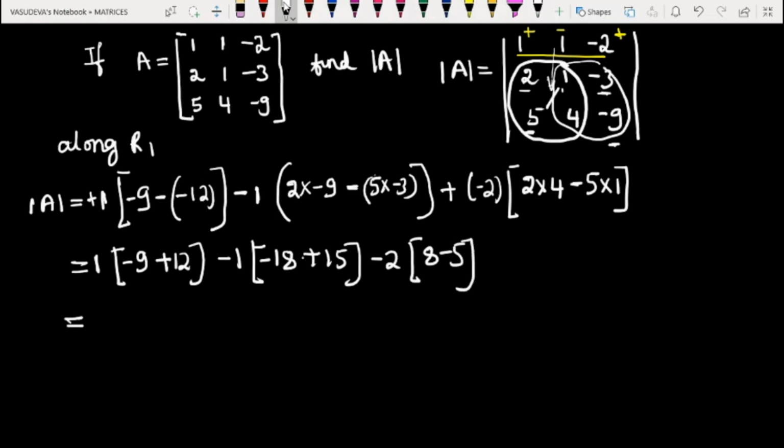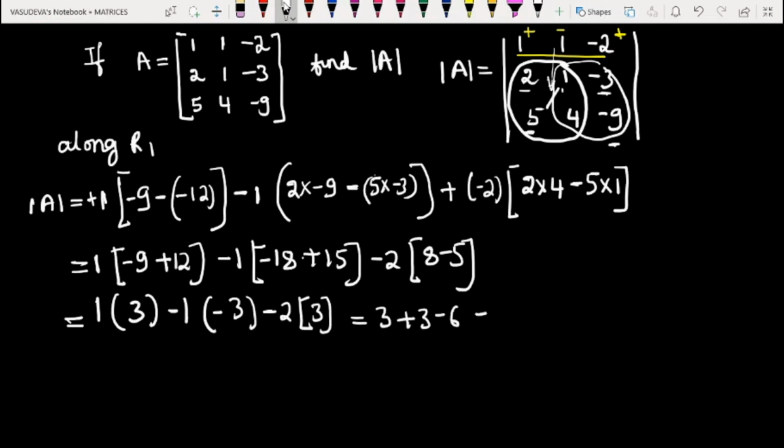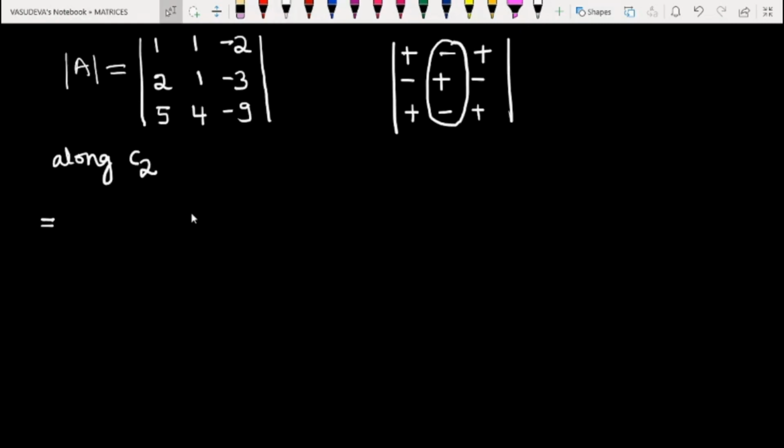That is 1 into 3, minus 1 into minus 3, and minus 2 into 3, which is 3 plus 3 minus 6, and that is equal to 0. So now expanding along column 2.